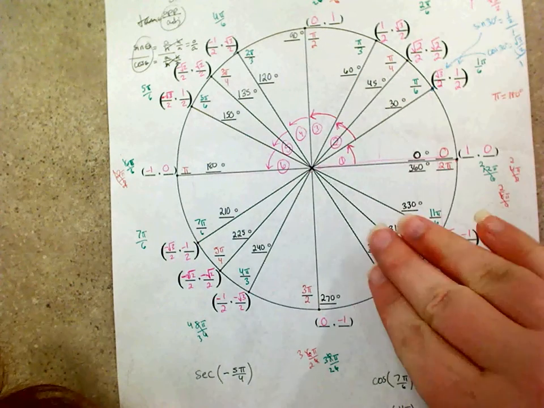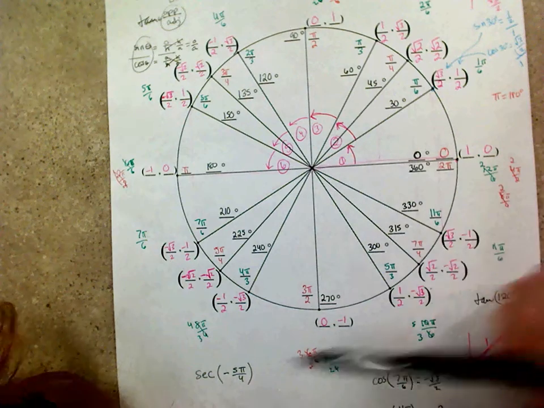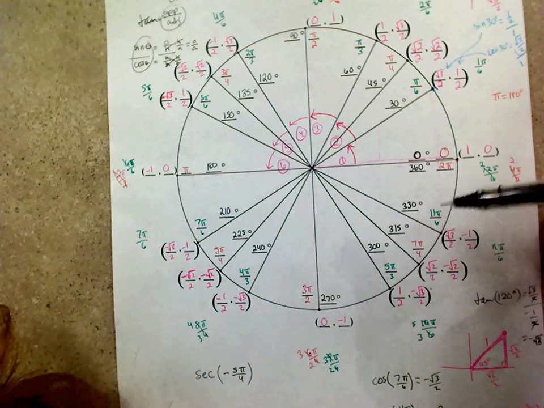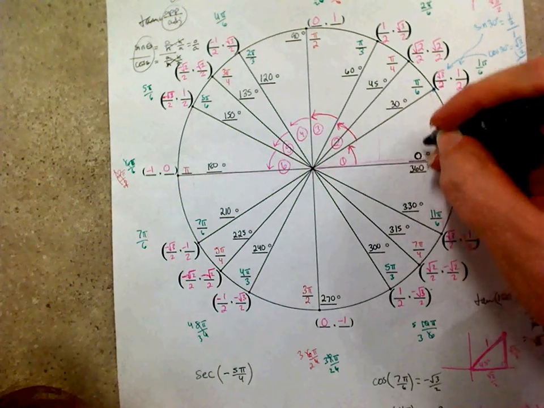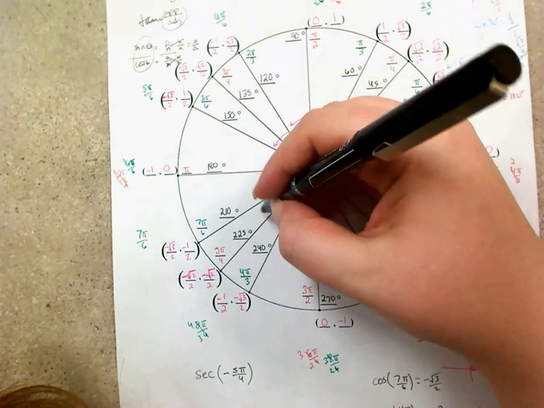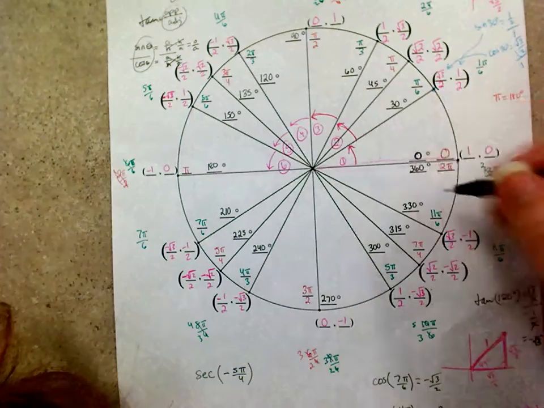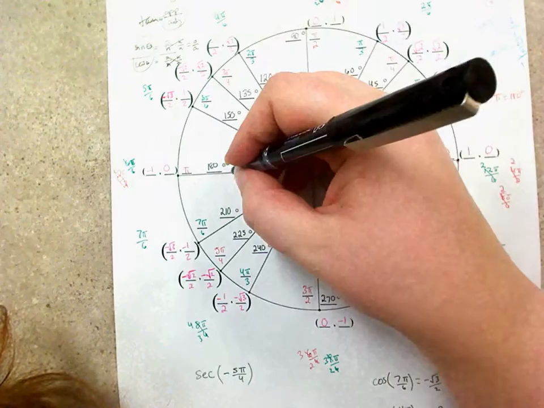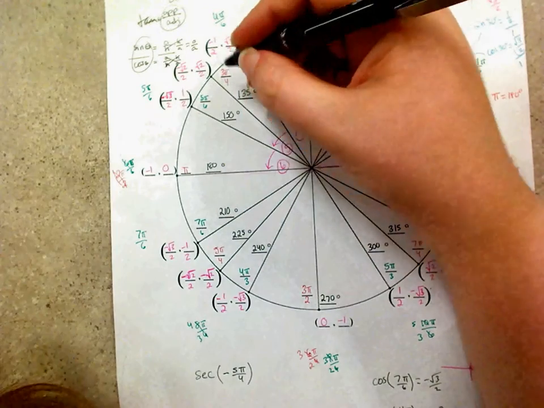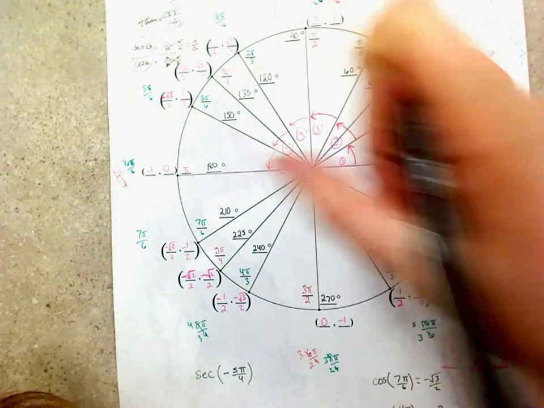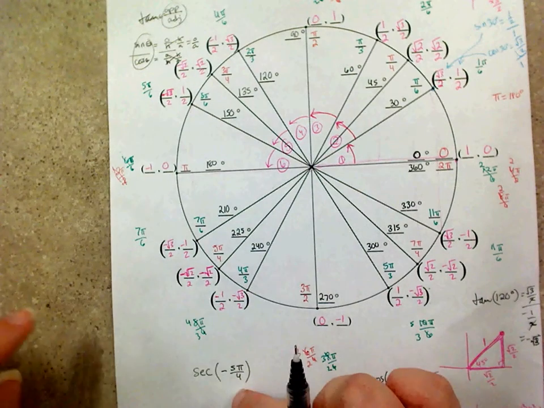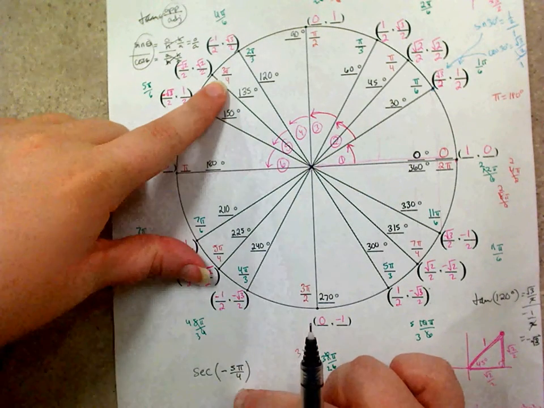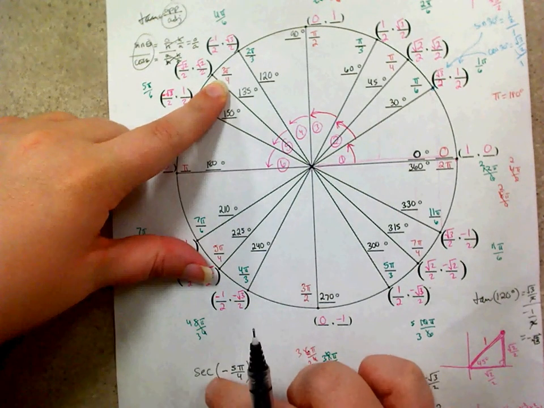So if I asked you to find negative 5 pi over 4, well, to get to 5 pi over 4, I have to go a full half circle and then another quarter. So going backwards, if I go a full half circle and another quarter, I end up at 3 pi over 4, which is just the reflection across the x-axis. So negative 5 pi over 4 is equivalent to 3 pi over 4. And so if I want secant of that, well, secant is the reciprocal of cosine.